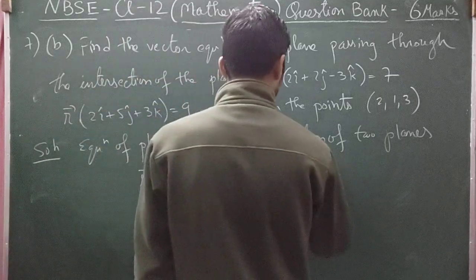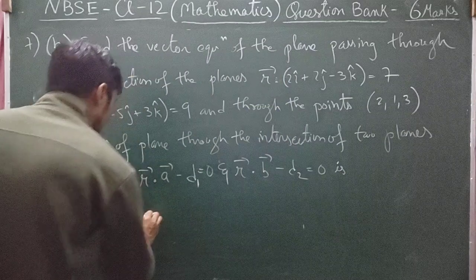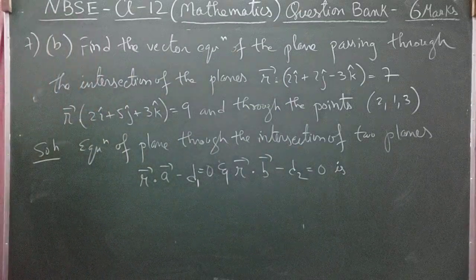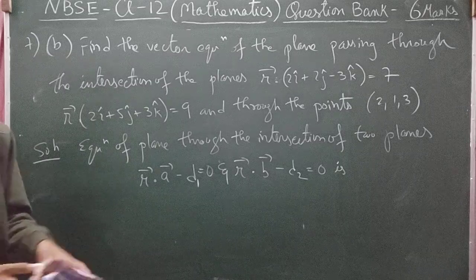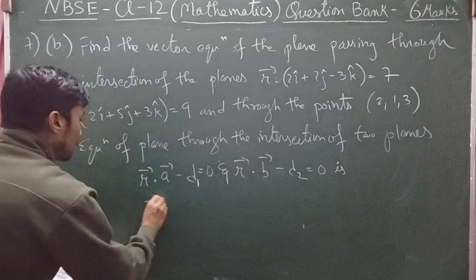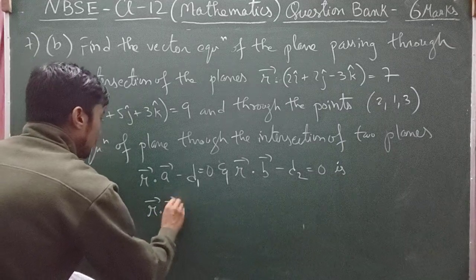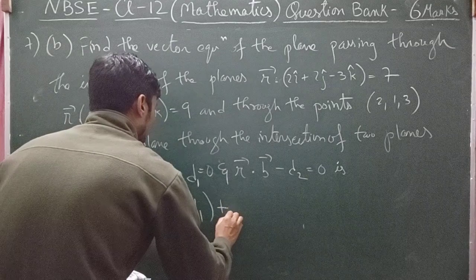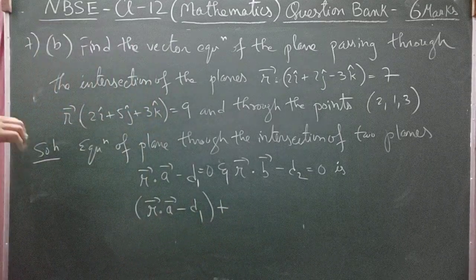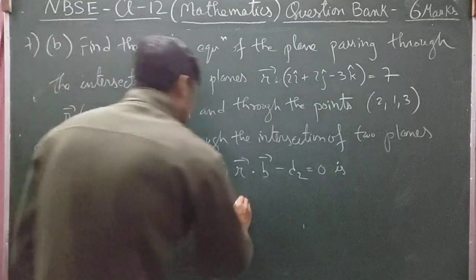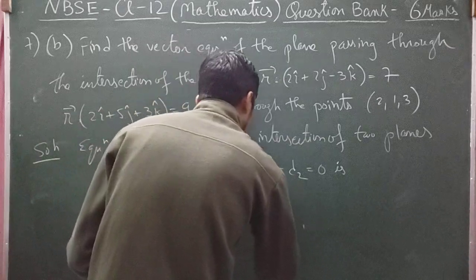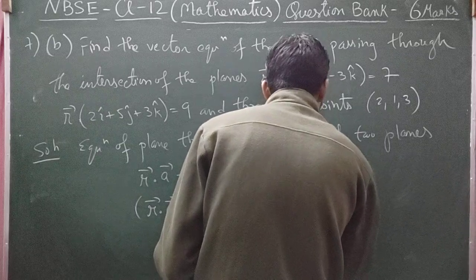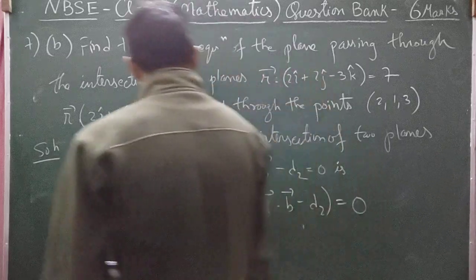It is r dot A minus d1 plus lambda times r dot B minus d2 is equal to 0. This was the equation.